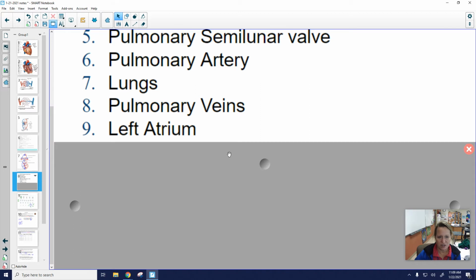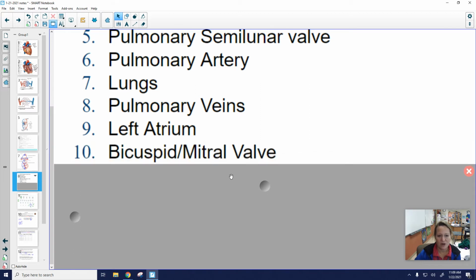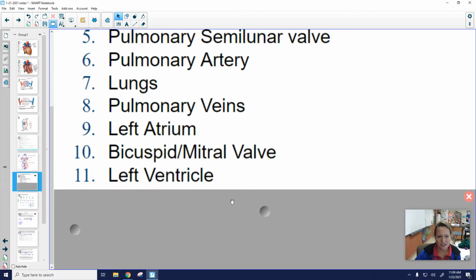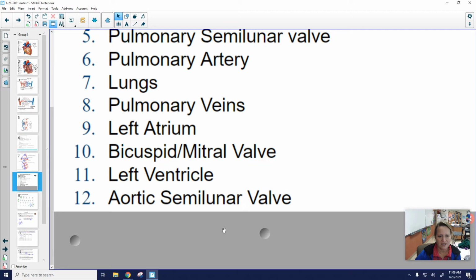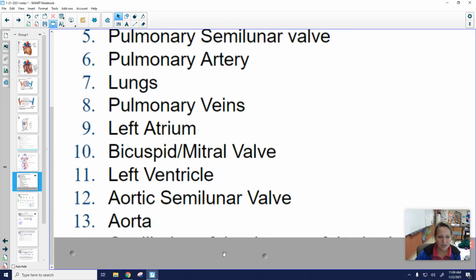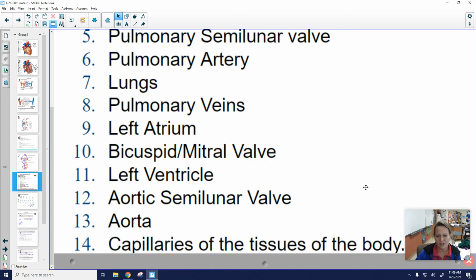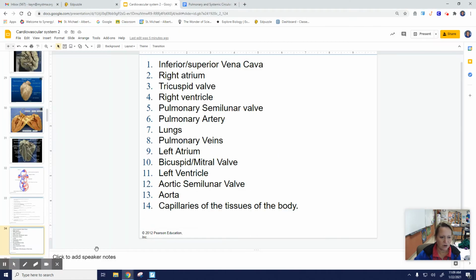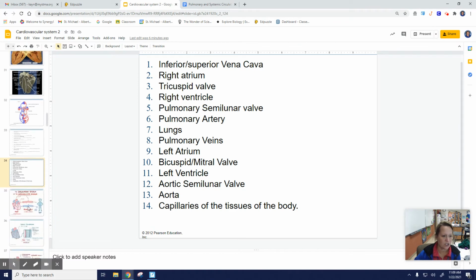Now we're in the left atrium. Then we will go through the bicuspid or mitral valve into the left ventricle. When the left ventricle contracts, the blood will be pushed through the aortic semilunar valve, through to the aorta, and then to the capillaries of all of the tissues of the body. So those were your answers to your worksheet.